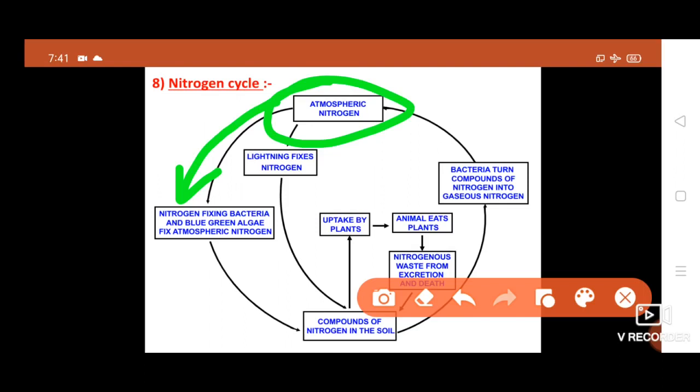After that, these bacteria convert the atmospheric nitrogen into nitrates in the soil, and this is utilized by the plants for their growth and development.